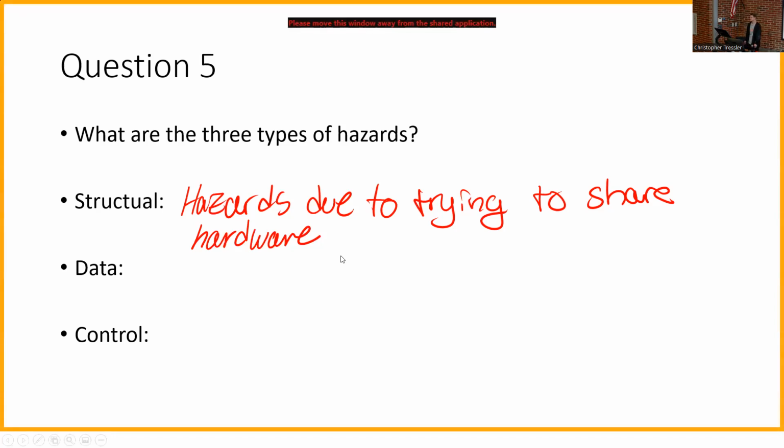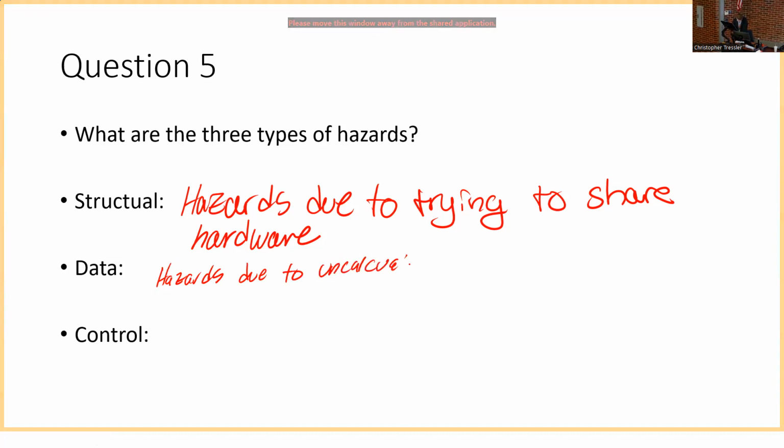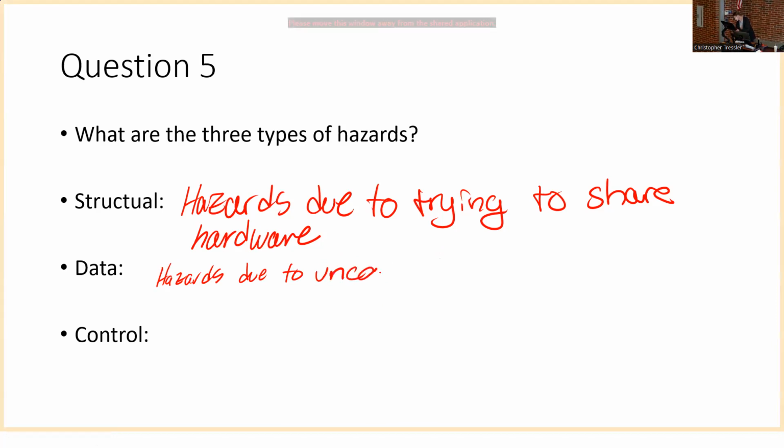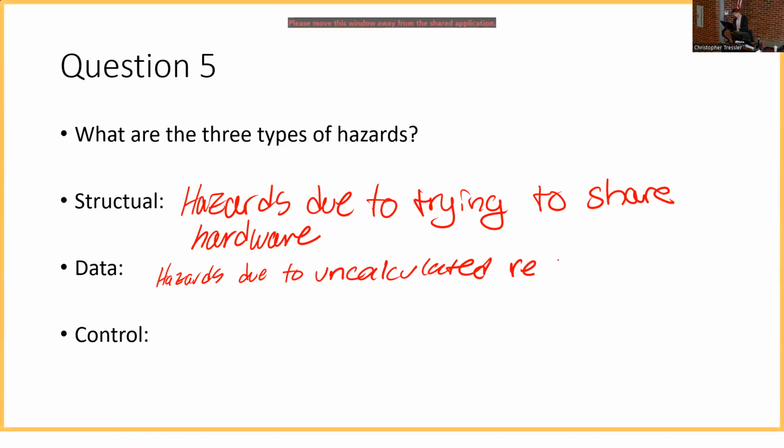We don't really deal with these structural hazards too much in this class, to be honest. Data hazards are hazards due to uncalculated registers, and this is during parallel processing.